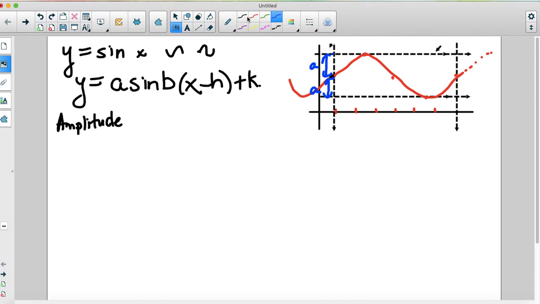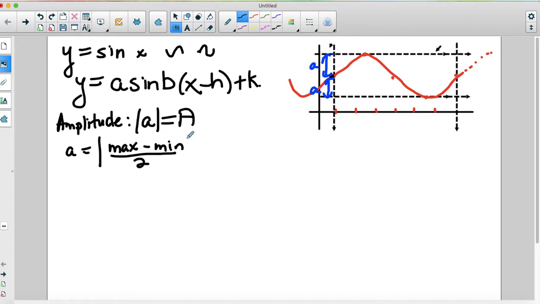So the amplitude is represented by the letter A, and the absolute value of A is equal to the amplitude. The formula for getting the amplitude is the absolute value of the max minus the min point divided by 2. So the difference between here and here divided by 2, that would be the A.